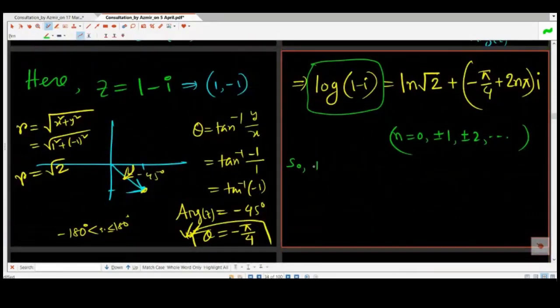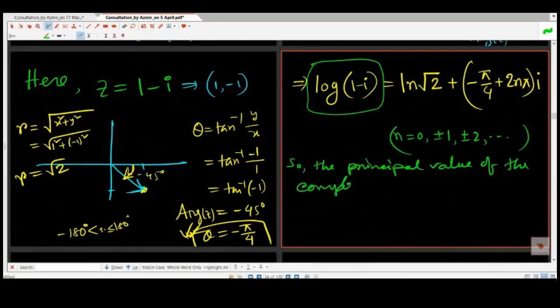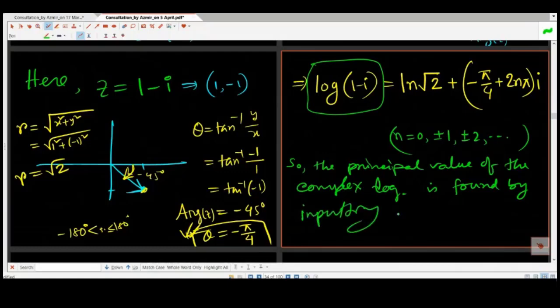So our target is to find the principal value of the complex logarithm. The principal value of the complex logarithm is found by inputting n equals 0.